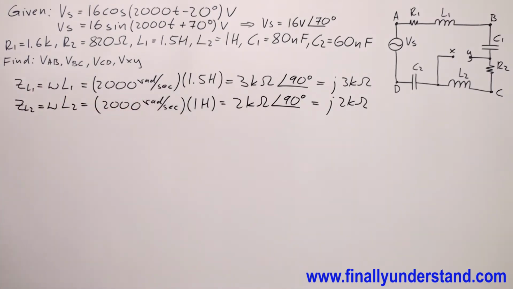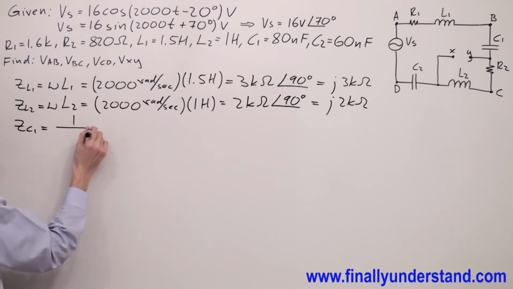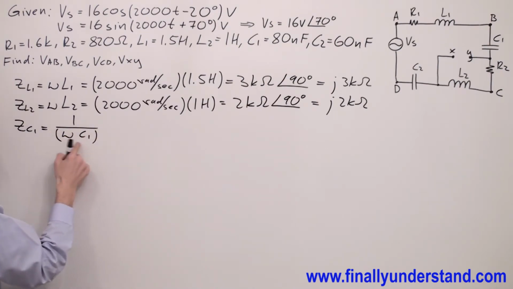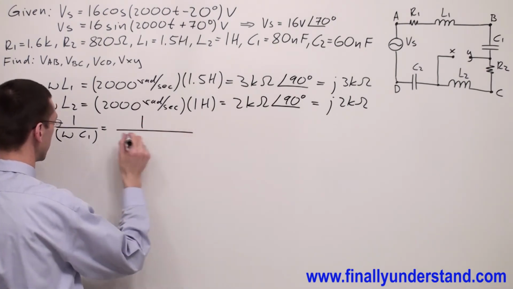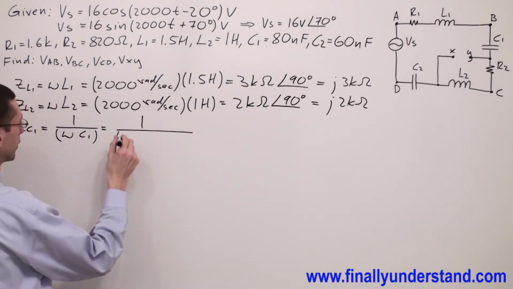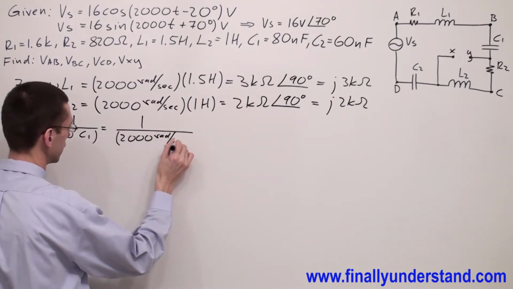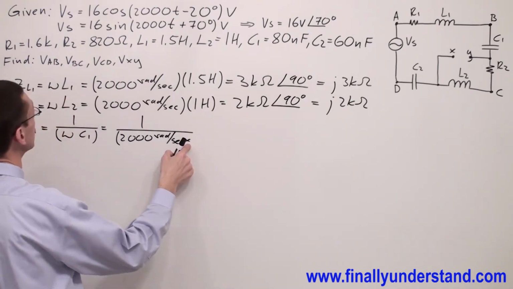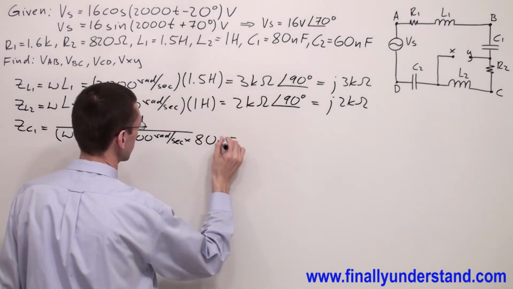Next, we're supposed to find impedance of capacitor 1. So the formula is 1 over omega C1. Please don't forget about the parentheses in the denominator. This is equal 1 divided by omega, 2000 radians per second, times C1, which is equal 80 nanofarads.